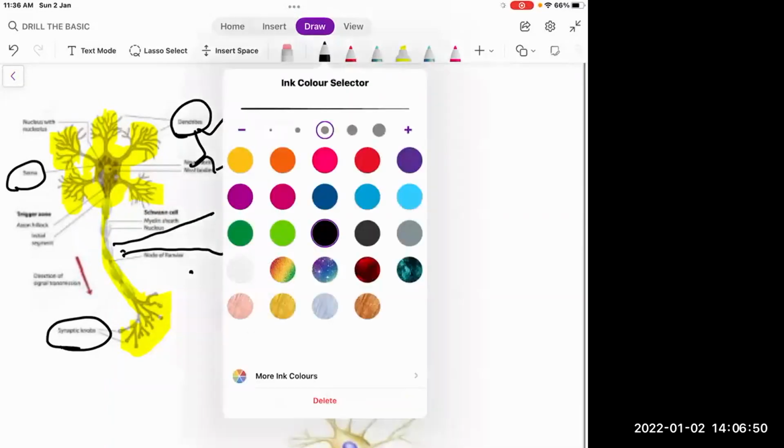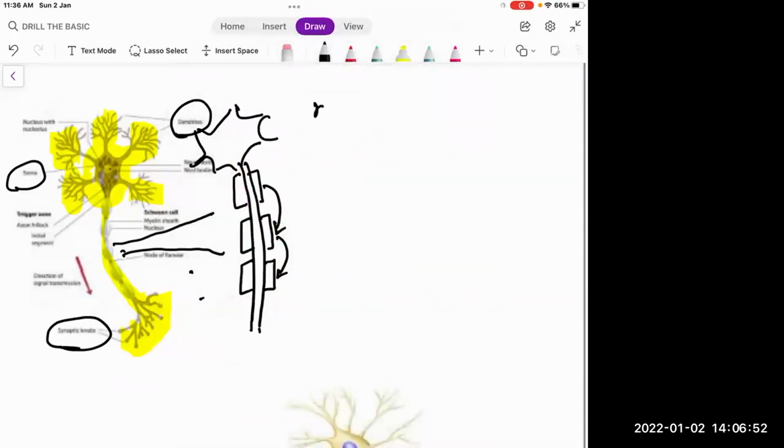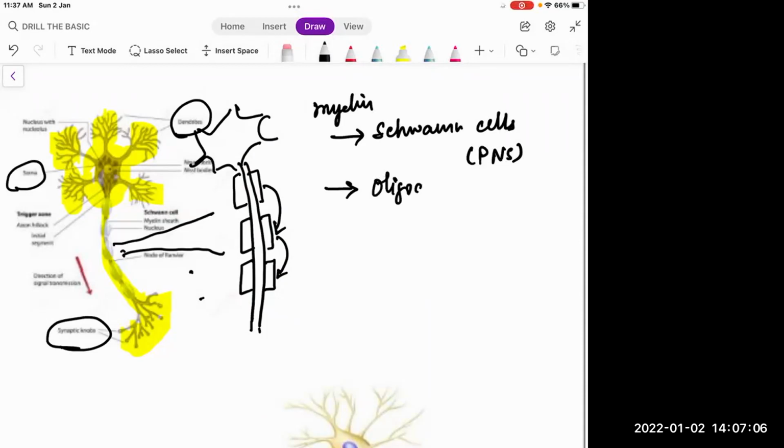So this myelin sheath is made up of Schwann cells in case of the peripheral nervous system, whereas the myelination is formed by oligodendrocytes, which are one of the glial cells, in case of the central nervous system.